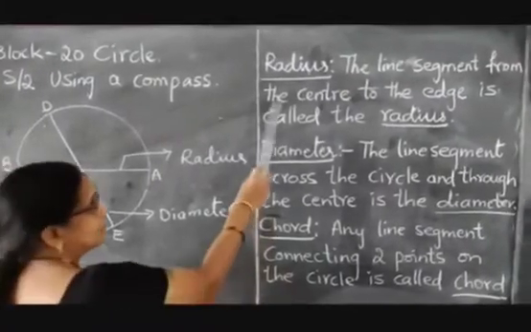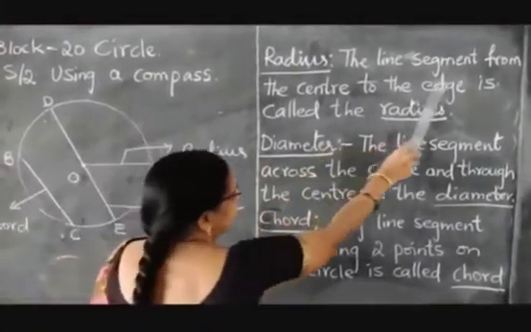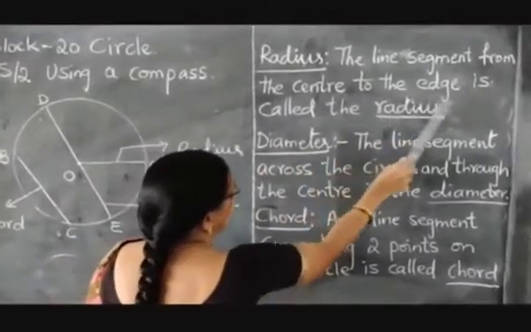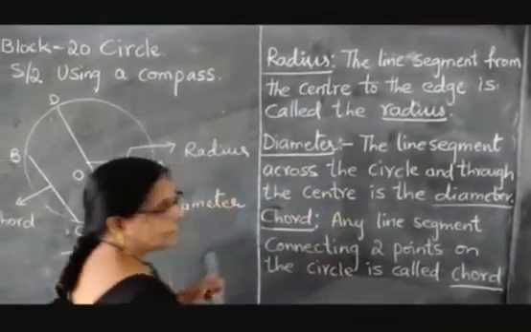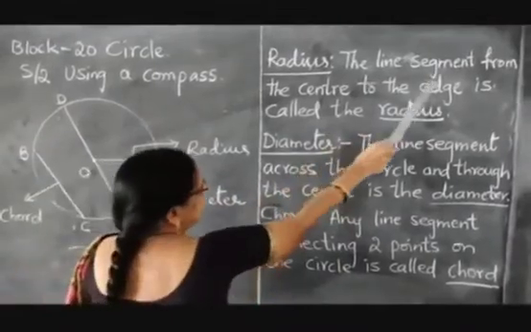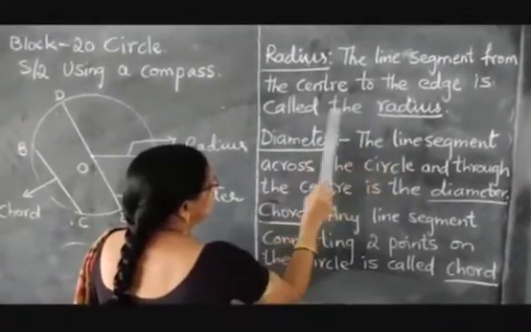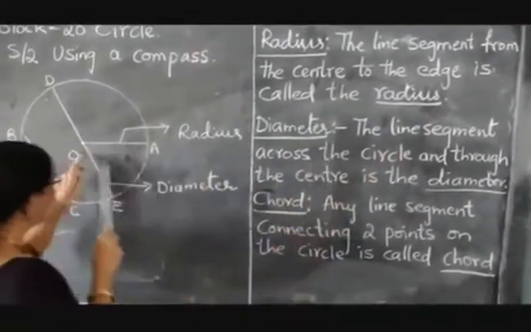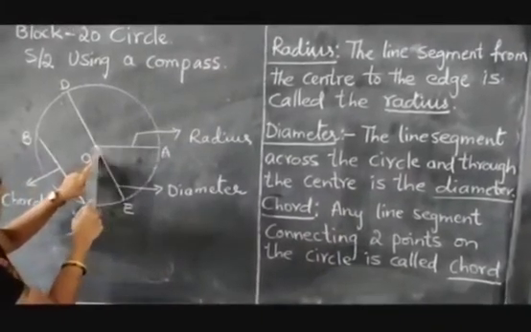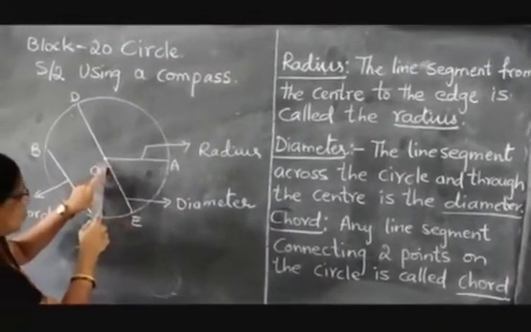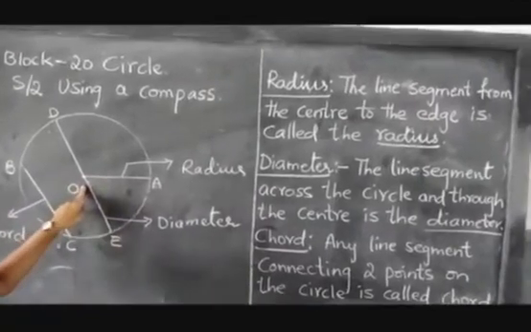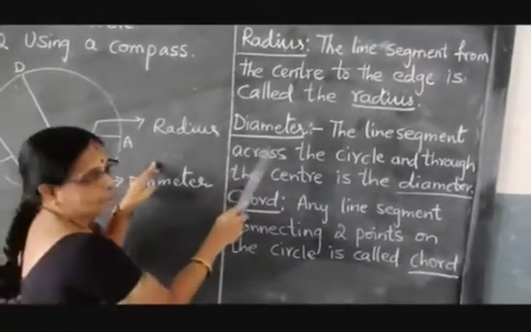Now here, radius. The line segment from the center to the edge is called the radius. See here, children, the line segment from the center to the edge is called the radius. Next, diameter.